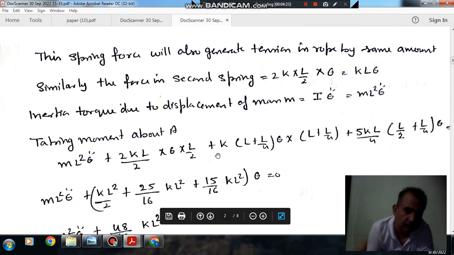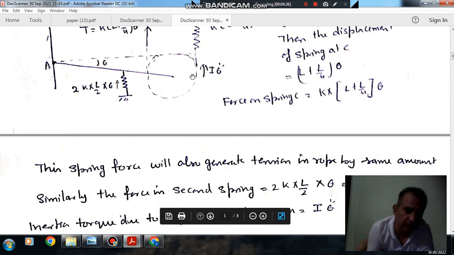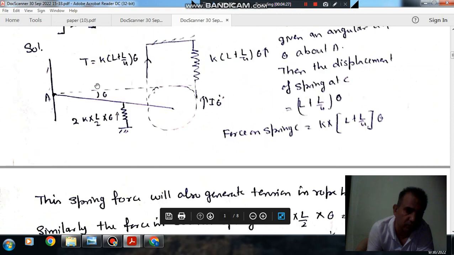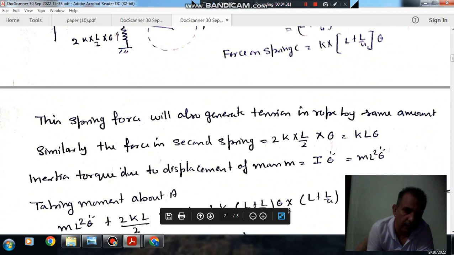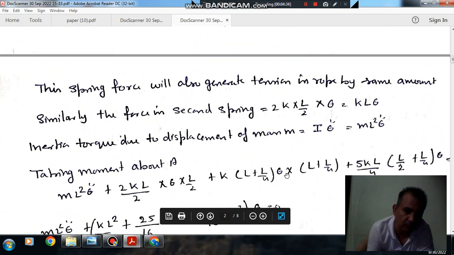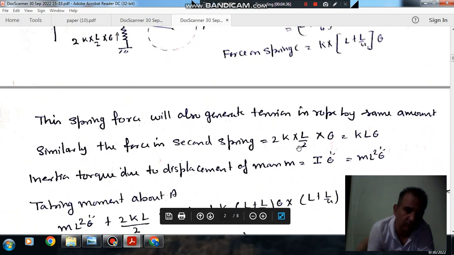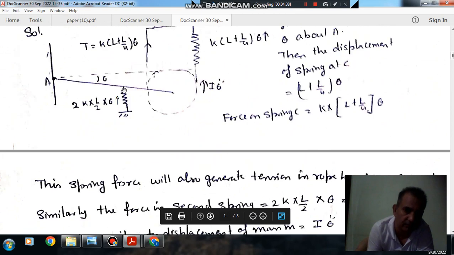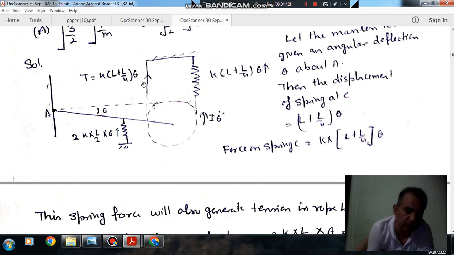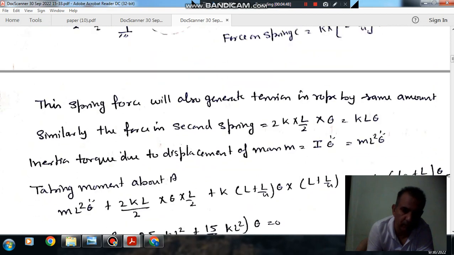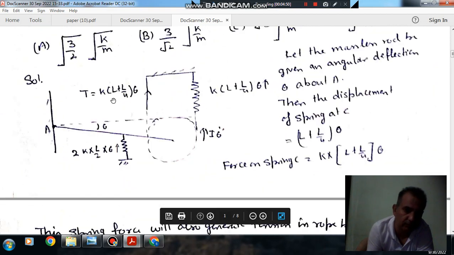Now we take the moment of this force about this point, and it will be K into (L plus L by 4) into theta into (L plus L by 4), that distance. And if we take the moment of this force, then this distance is L by 2 plus L by 4. The rest of the force is the same.